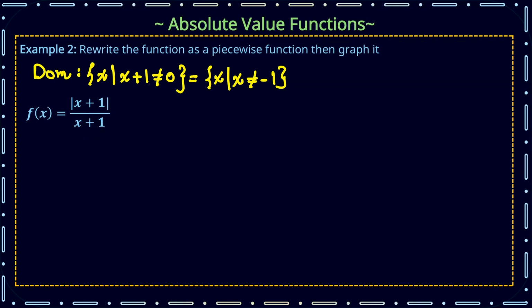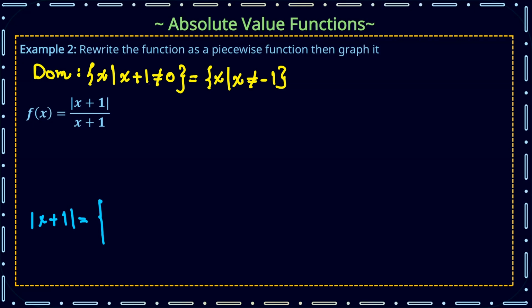Acknowledge the domain. The second thing you want to do is to break up the absolute value part. Begin by rewriting absolute value of x plus 1 in piecewise form. There are 2 pieces.